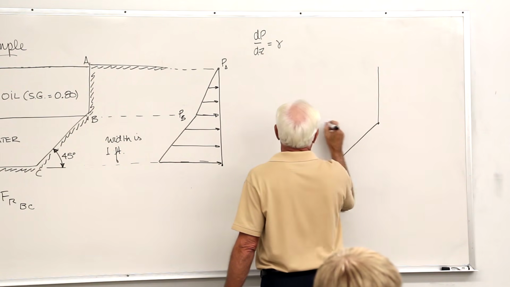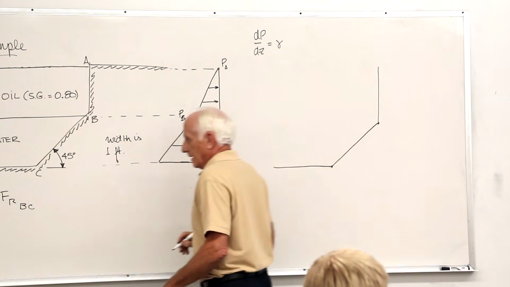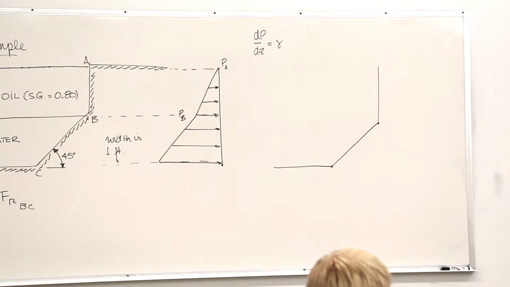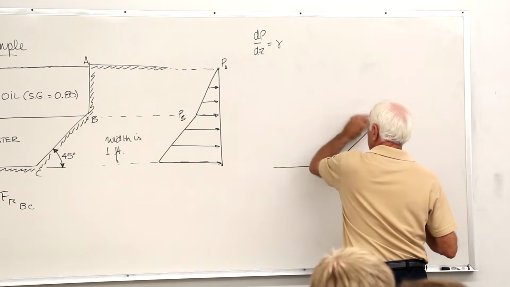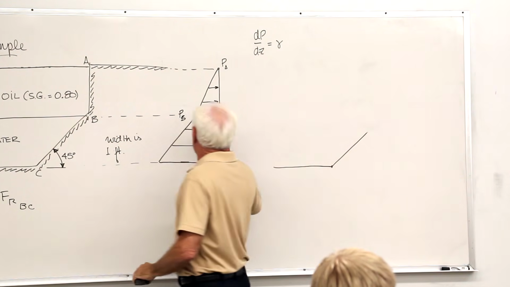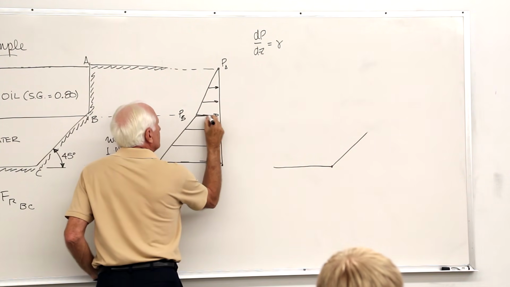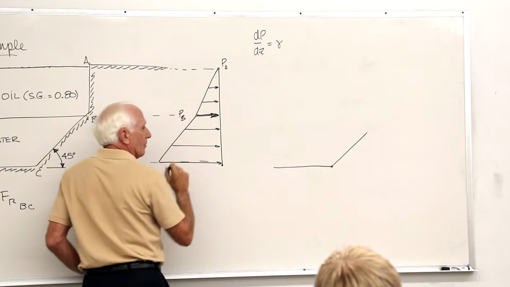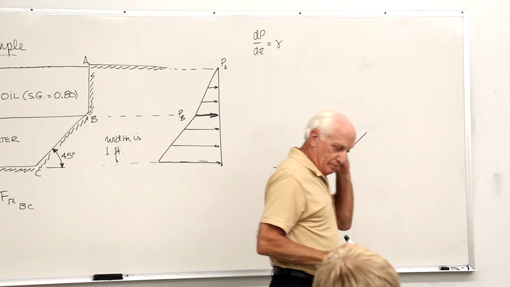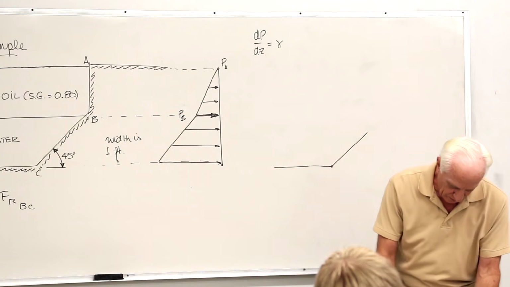Now we've got, I'm going to make this more to scale. Notice that they both have the same pressure at point B. The pressure in the oil and the pressure in the water at point B are the same.